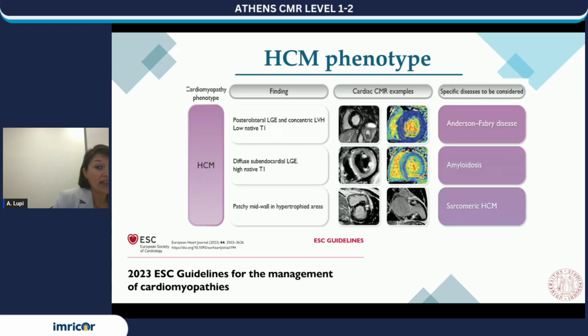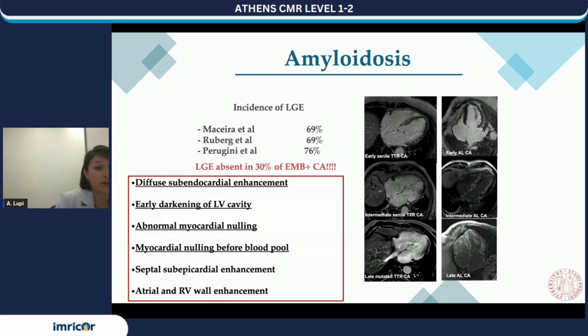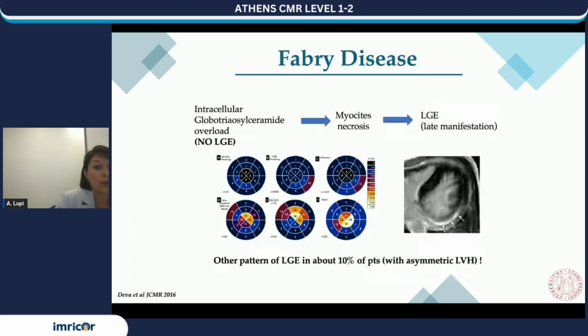Moreover, in the differential diagnosis of cardiomyopathies with hypertrophic phenotype, other elements such as mapping techniques may help us. And we must also be aware that in certain conditions, LGE appears in intermediate or late stages of disease. This is especially relevant in amyloidosis, but also in Fabry disease.